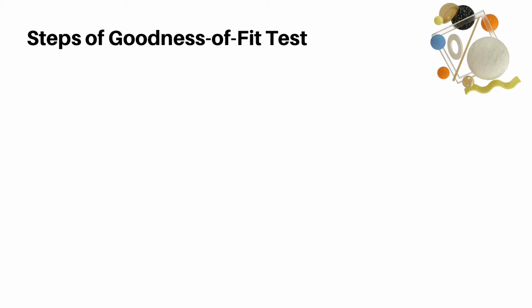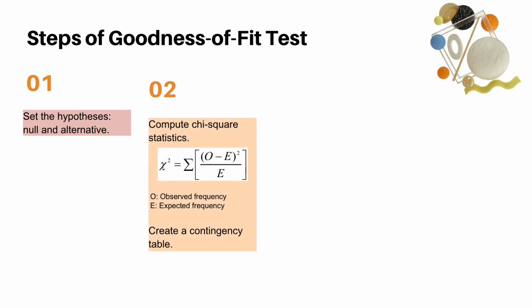Now let's have a look at what the steps of goodness of fit test are. Basically, there is not much difference between independence test and goodness of fit test in terms of their steps, but perhaps you need to take note of a few things that might slightly differ. The first step is to set the hypothesis, both null and alternative hypothesis, followed by the second step, that is to compute the chi-square statistic.